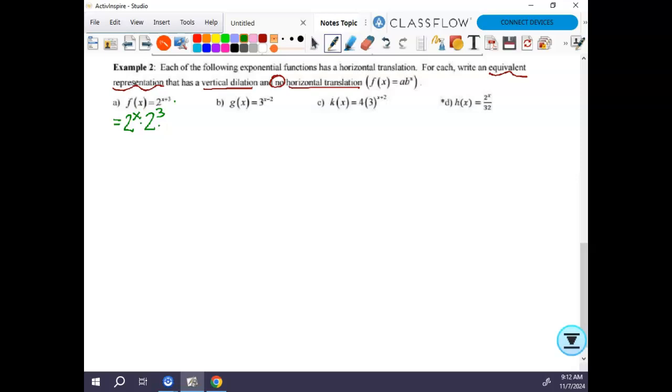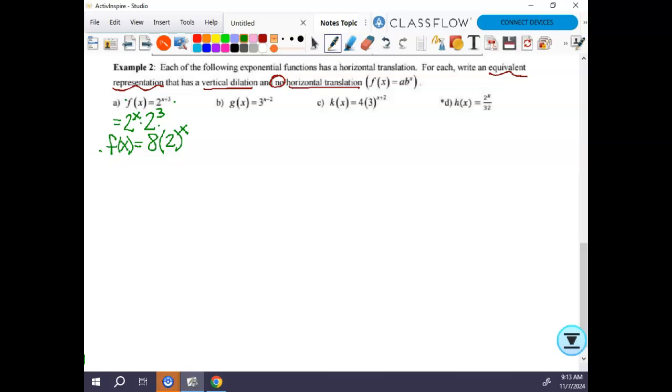So remember that. So then this is f of x, so I can clean this up. What's 2 cubed? 8. And then that's 8 times 2 to the x power. We okay with that? And then these two right here would graph the exact same function.